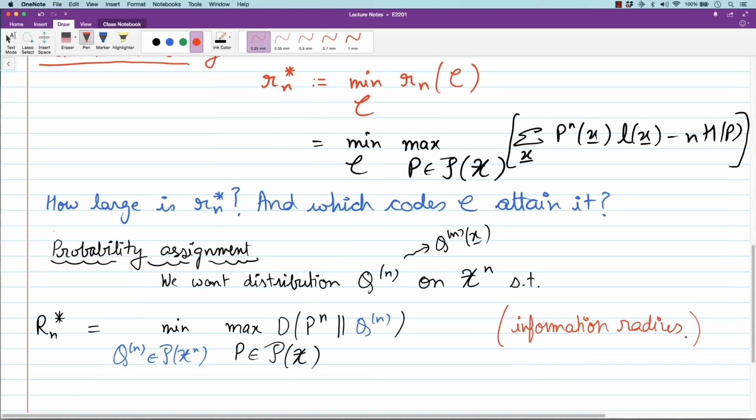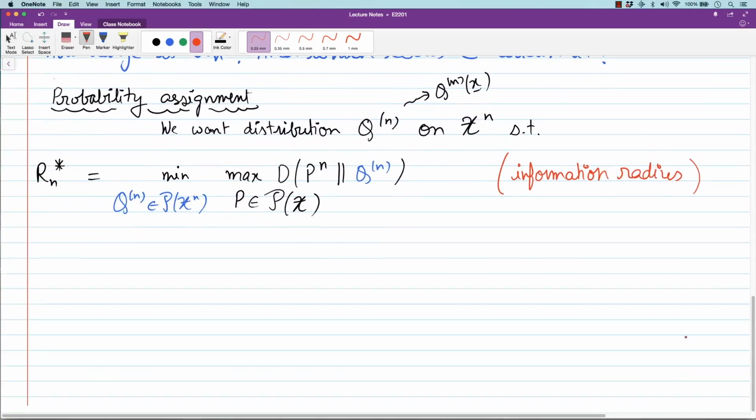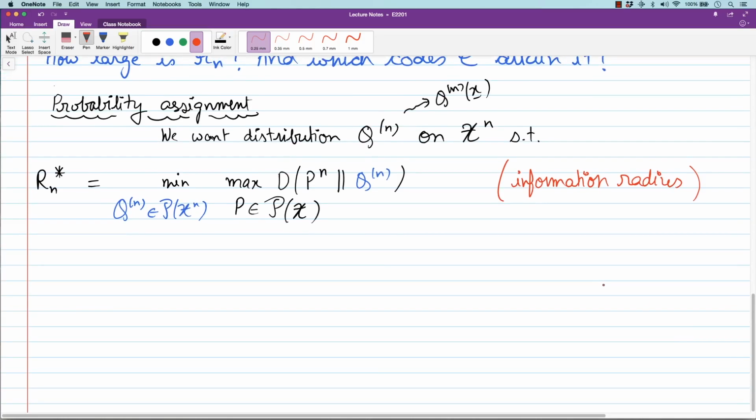You can go back to that lecture on properties of measures of information, I think in the part on variational formulae. Anyway, it's a self-contained definition. Find the minimizing Qn that is closest to the worst case guy. So you can think of this Qn as the center of all these distributions Pn, and it's the closest guy from them.